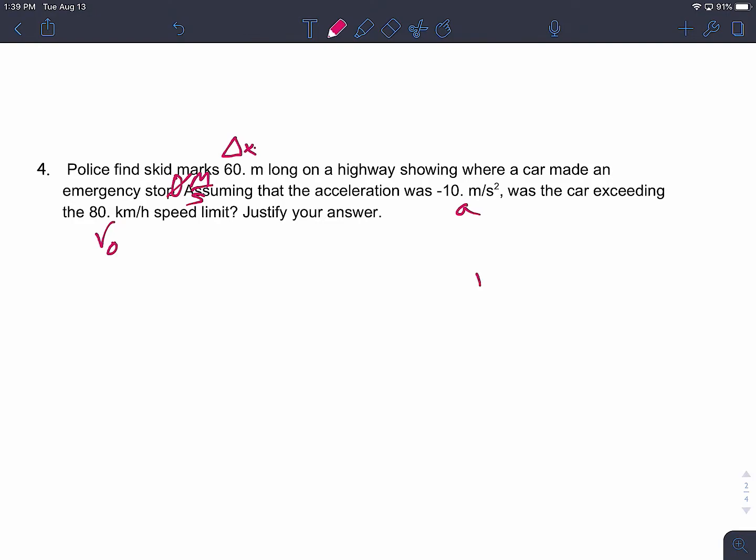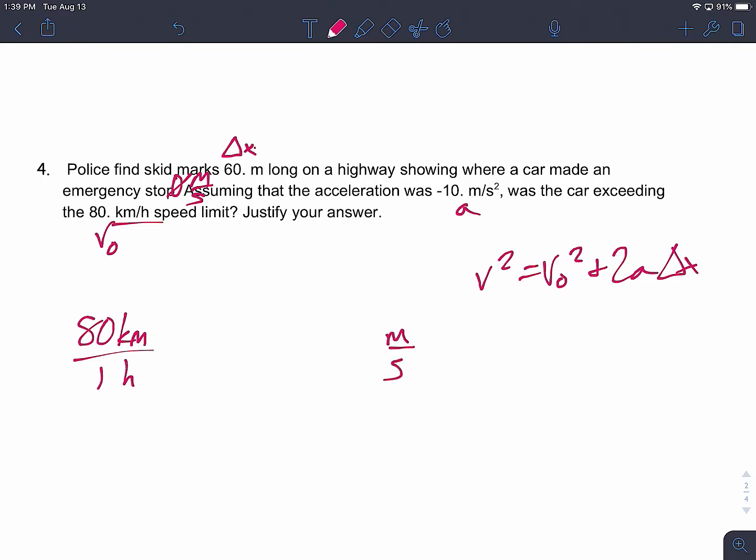So we would still use our same equation from earlier, except we're given a speed that's in kilometers per hour. So in order to solve this, we would take the 80 kilometers per hour and we would convert it back to meters per second, so that it matches the acceleration and the displacement.